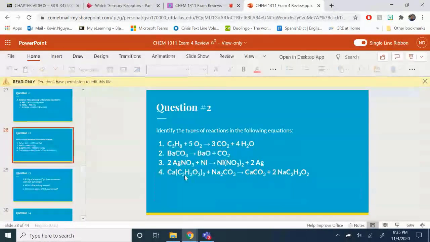It could also be a redox reaction. I think it would be. Yeah, because initially the silver is giving its electrons to nickel, or to the nitrate.